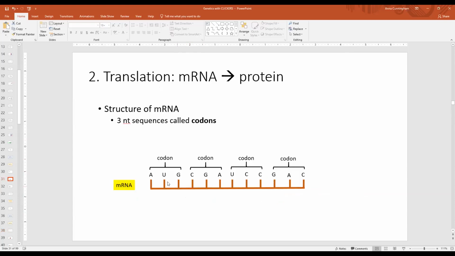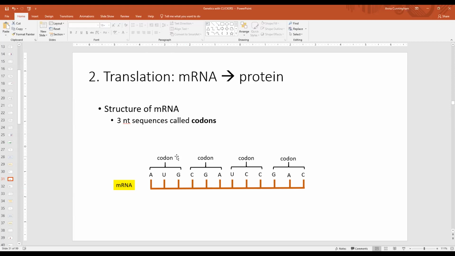So if we look at our mRNA, again, when we talked about going from DNA to RNA, you're doing that at the complementary nucleotide level. But when we talk about going from RNA to protein, we're kind of switching languages. Instead of going nucleotide to nucleotide, we're going nucleotide to amino acid.